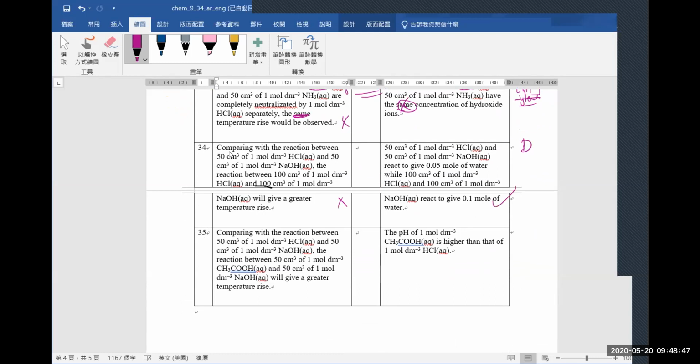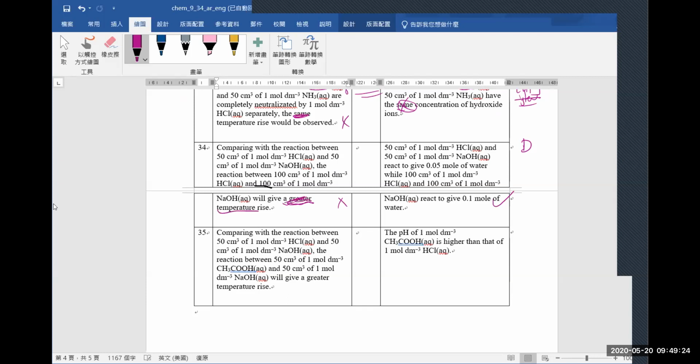First statement, how wrong is it? Comparing with the reaction between 50 cm cube 1 molar HCl and 50 cm cube 1 molar NaOH, the reaction between 100 cm cube 1 molar HCl and 100 cm cube 1 molar NaOH gives a greater temperature rise. How wrong is the first statement?